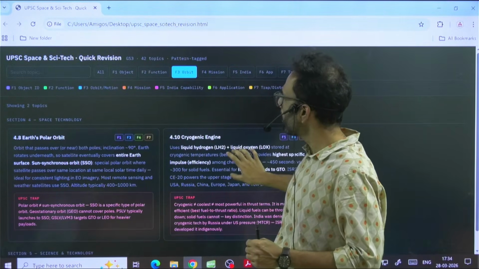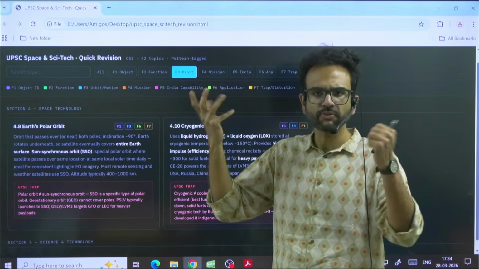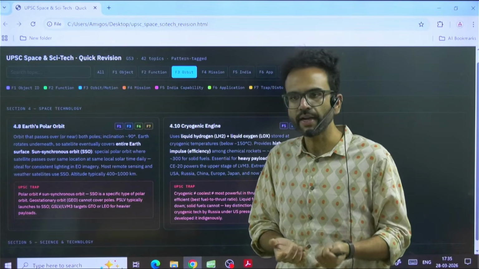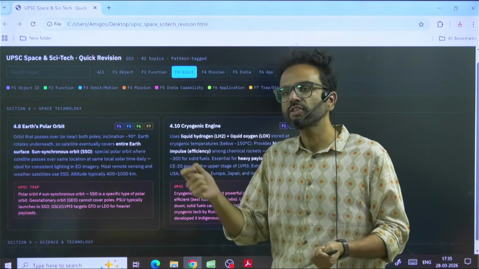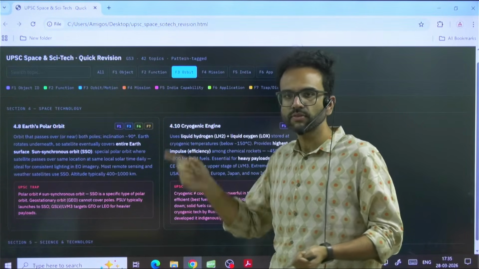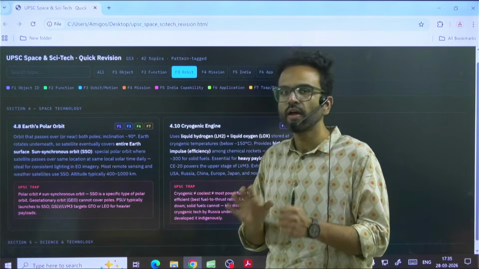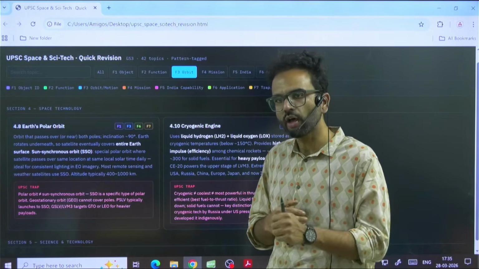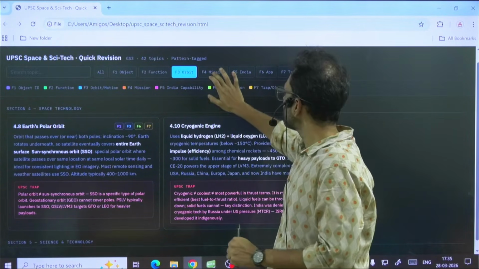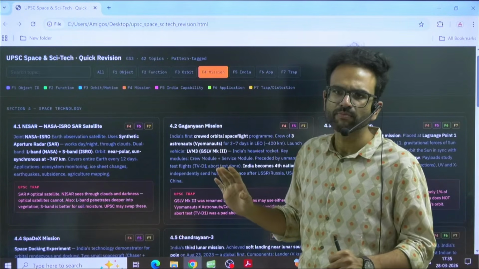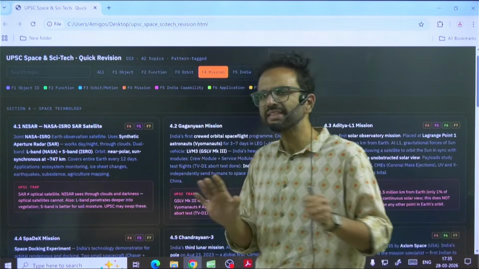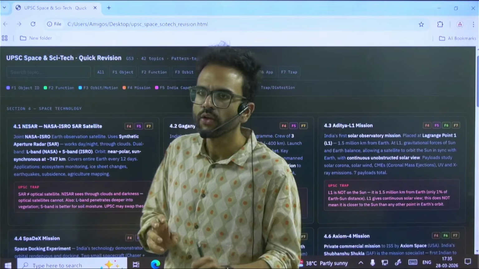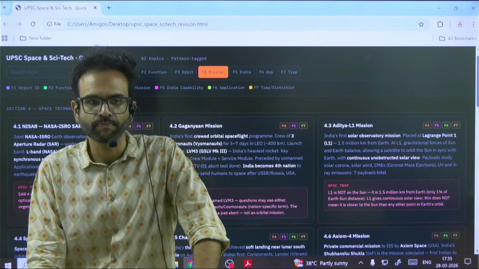Then, if you are talking about various orbits, because we are talking about space, right? In the context of the latest news items, why are these orbits discussed? What specific problem is this discussion going to solve for us? Next is missions, like I told you. Everything in science and technology should be studied through a problem solution format.